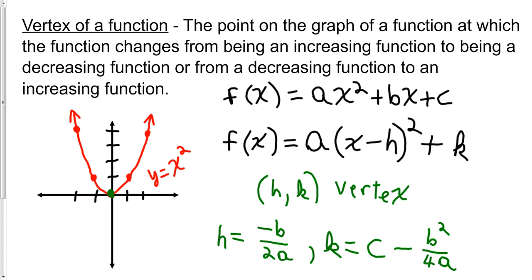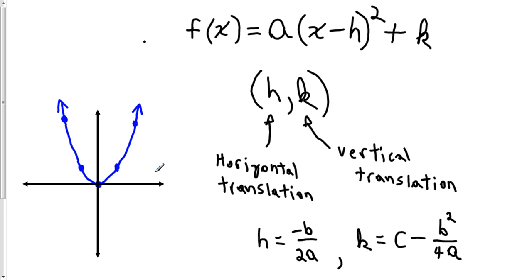Once you have that, this is what happens. The parabola y equals x squared, which would be this one here, is centered at 0, 0. The vertex of that parabola would move h units horizontally and k units vertically. So this point here, the point that's at 0, 0, would now move to another point.